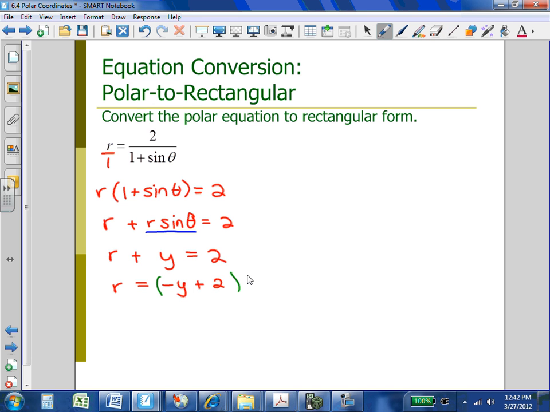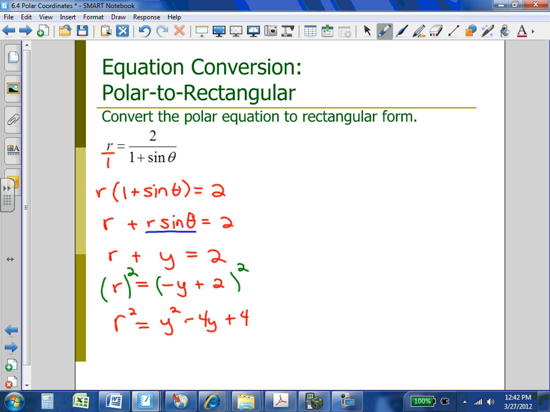So this time, I'm just going to square this side, and I'm going to square this side, which means that I will get my r squared over here. And be careful, we're going to multiply binomials here. When I distribute that out, I'm going to have positive y squared, minus 4y. So I had 2 minus y's, and then a positive 4.